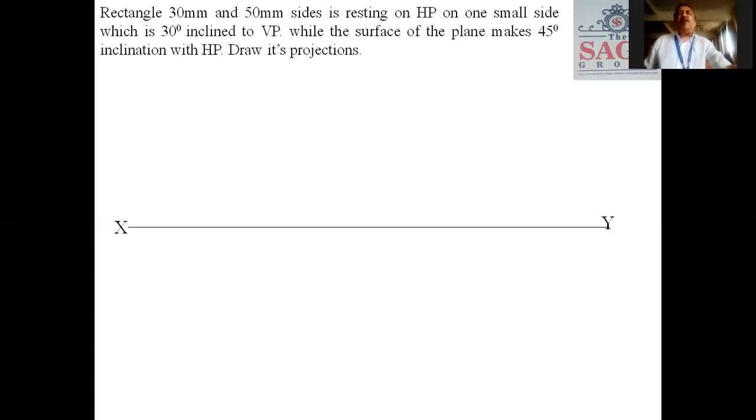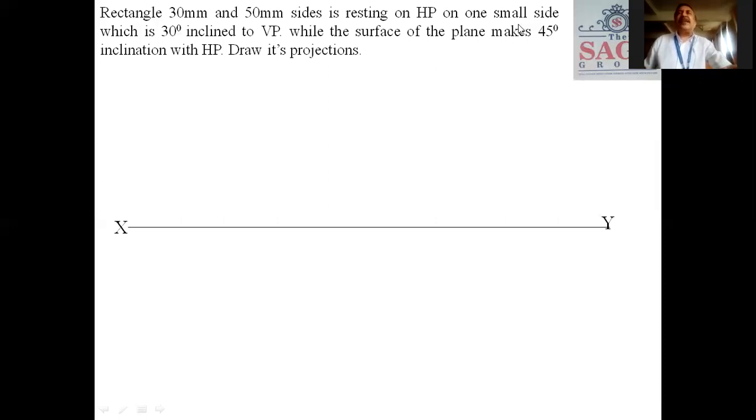Now, how do we draw our true shape? A horizontal rectangle or a vertical rectangle means this 30 mm side is taken vertically or horizontally. So this depends on, again, we read the question from the start. The rectangle is resting on its small side.